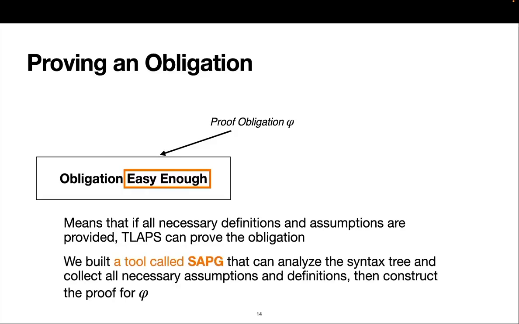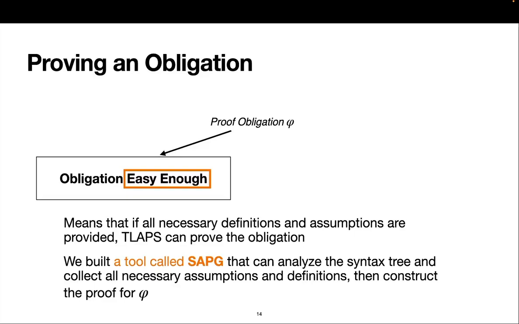We built a tool named SAPG, which stands for Symbolic Auto Proof Generation. It analyzes the syntax tree of the TLA module, collects all the necessary assumptions and definitions, and then, based on that, constructs the proof for the obligation automatically.